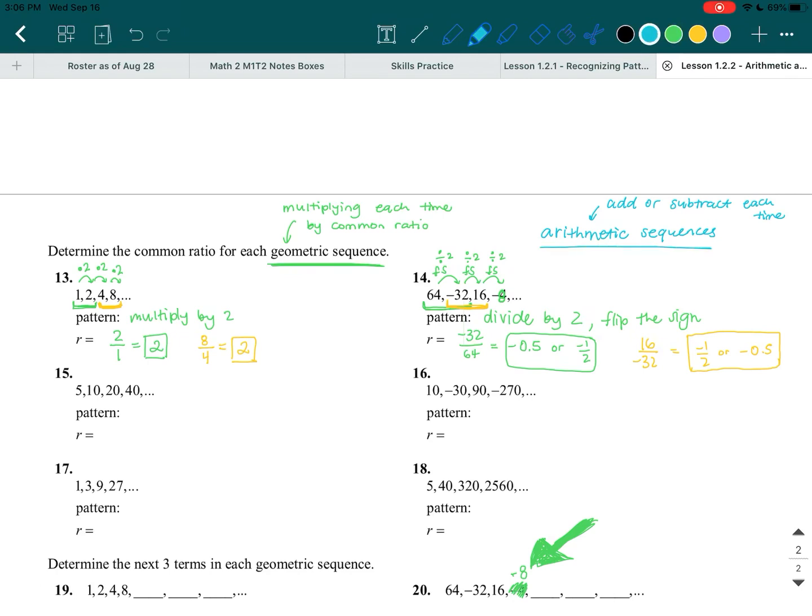And in contrast, back to the arithmetic sequence, you are adding or subtracting each time by the common difference. Okay? So that's a little quick summary of the vocabulary words that we learned in the beginning. This time we showed you a little bit of the patterns of common ratios and geometric sequences as well.